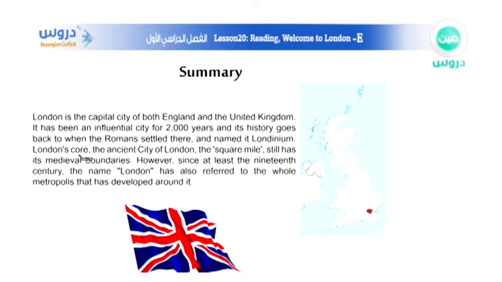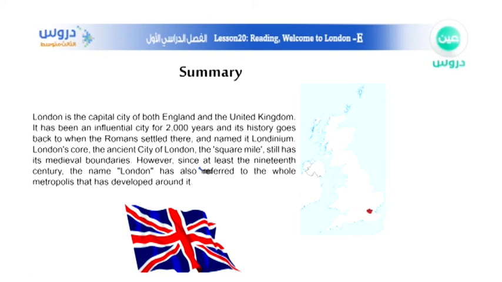London's core. The core of something is the middle, the center of something, okay? The ancient city of London, the square mile, still has its medieval boundaries. Boundaries are like the frontiers. For example, what are the boundaries for this page? These are the boundaries.